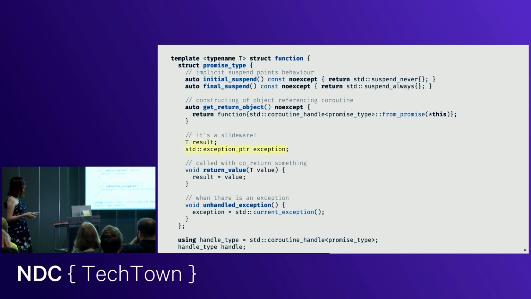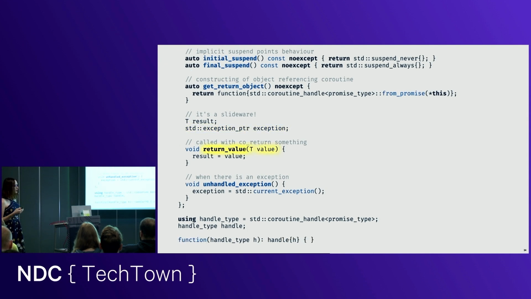And then you can also handle exceptions in coroutines, because if you call a function and it throws an exception, the user expects that the exception will fall out of the function. So when you use co_return in the body of your coroutine function, it will actually call promise return_value, and you can take something and store it inside the promise type. But you don't need to store it.